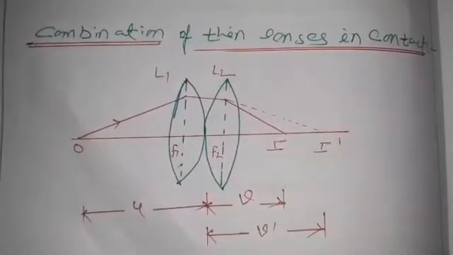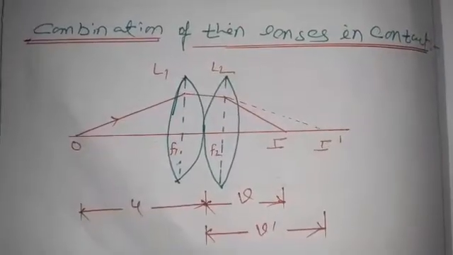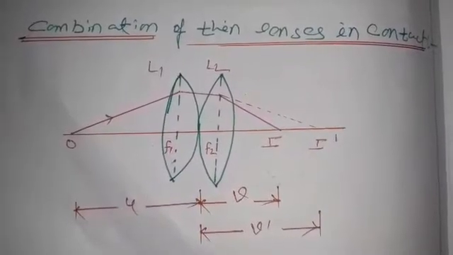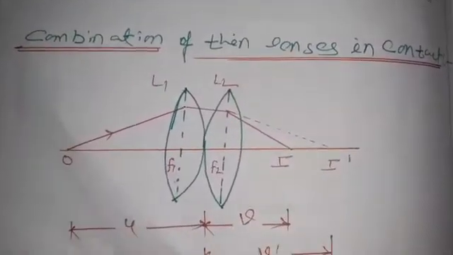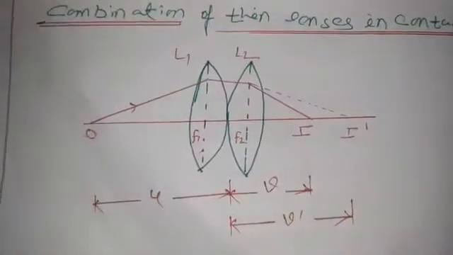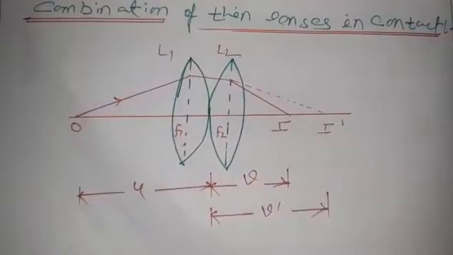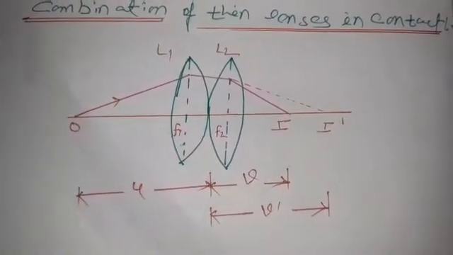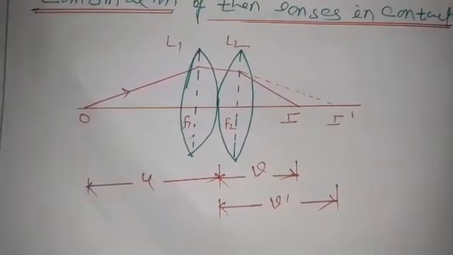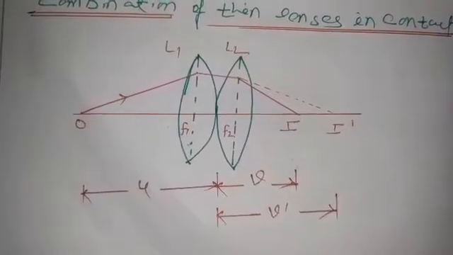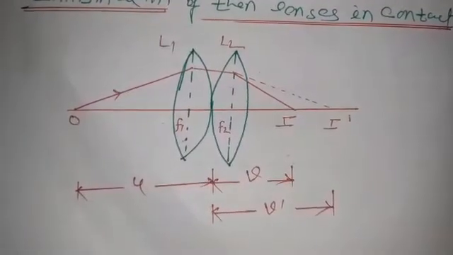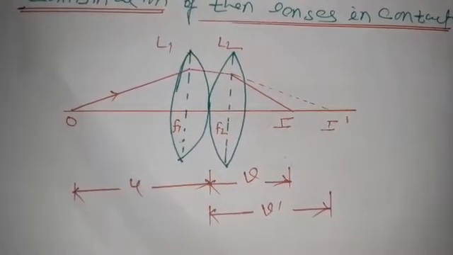Okay students, now come to the next topic, which is the combination of thin lenses in contact. Here we have considered two lenses L1 and L2 of focal lengths f1 and f2 placed in contact with each other. An object is placed at a point O beyond the focus of the first lens L1.